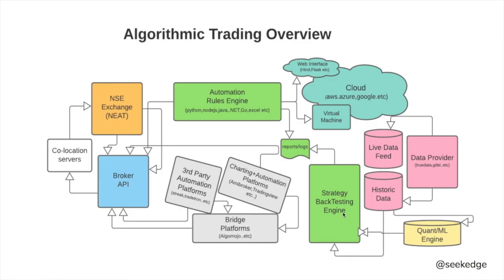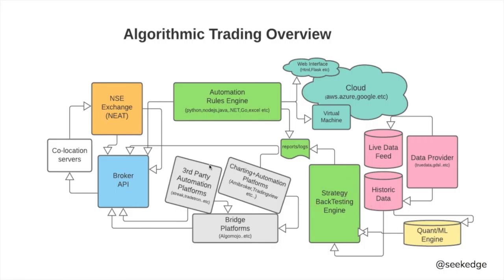That is also part of algorithmic trading, right? Ideally, the strategy that is built is tested, and then the parameters and performance are measured, and only then it is deployed into the rules engine for automation. Then it is fed for further optimization in the machine learning model engine, right?